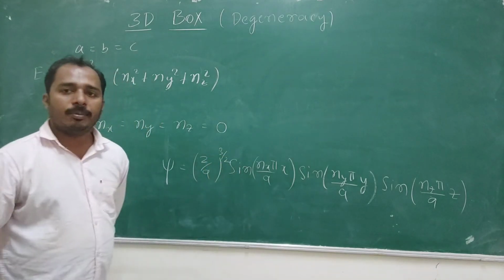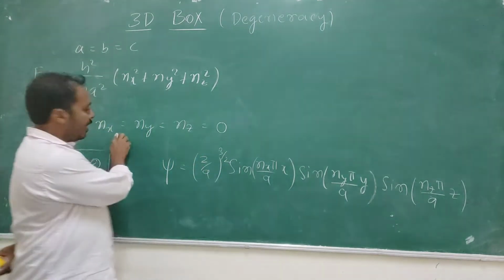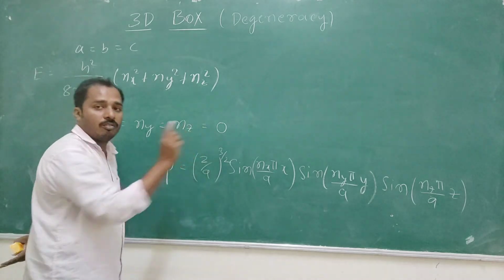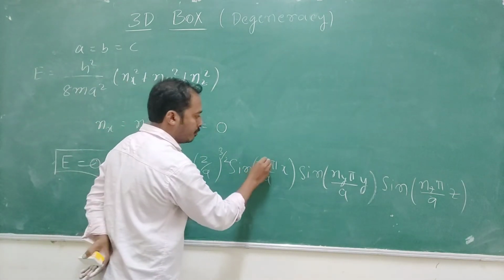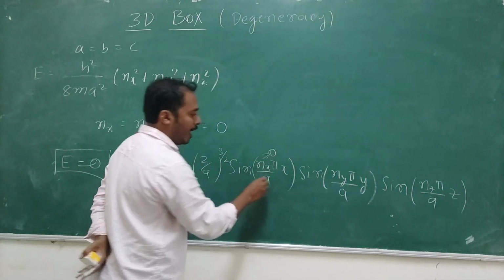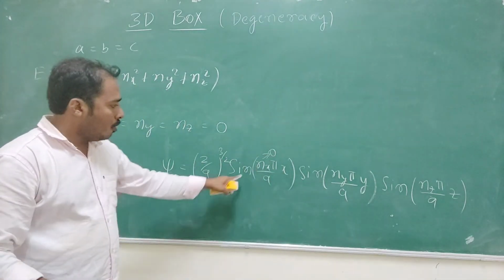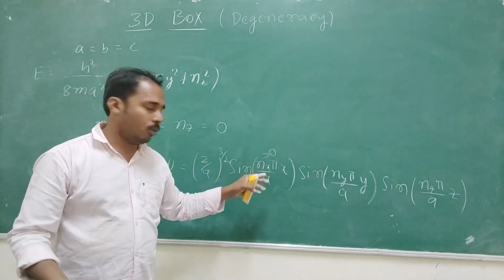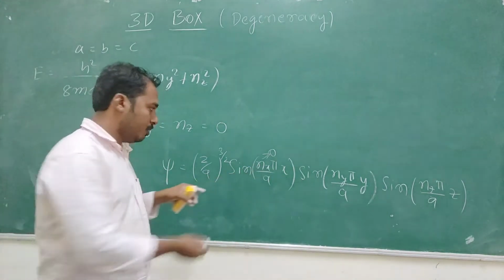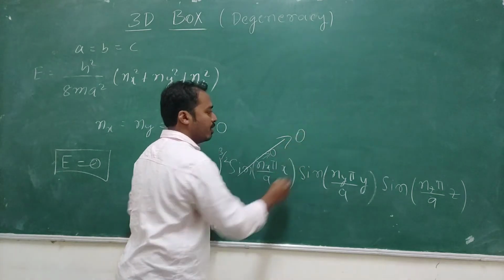Substitute nx, ny, nz equal to 0. So nx is equal to 0, and 0 into πx by a is 0. Sine 0 is 0, so the whole expression becomes 0. Similarly for the y and z terms, the whole expression becomes 0.